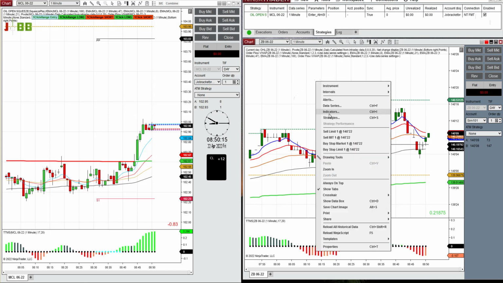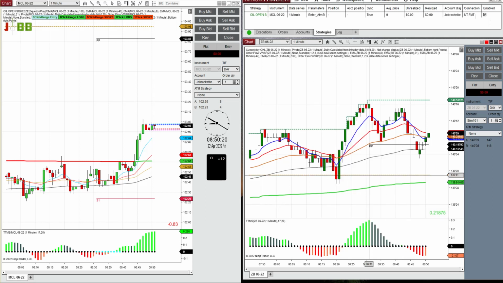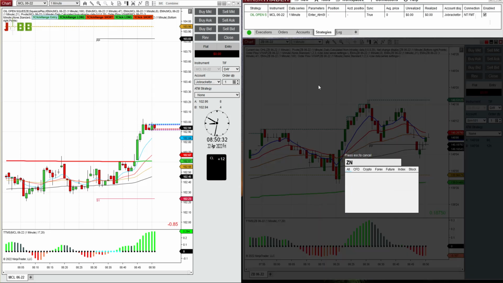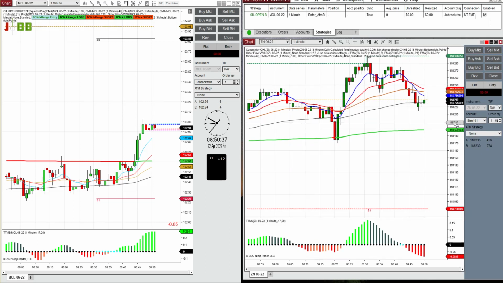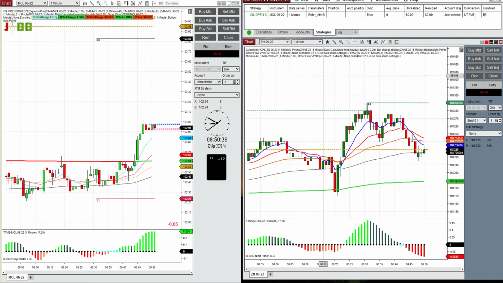Potentially a big profitable move if you traded it properly, because ZB is 31 and a quarter per tick. But that also creates risk, right? You could trade ZN, which is half of ZB, and the chart looks the same.